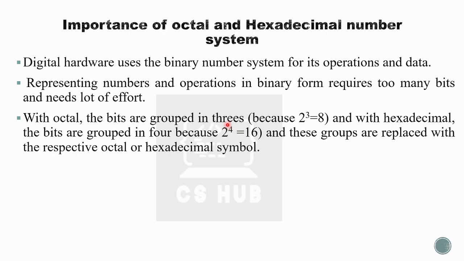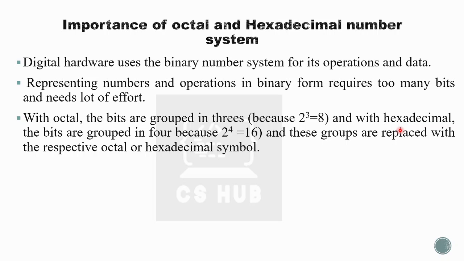To convert a binary number into octal, we can group the binary digits into 3 and replace these 3 bits with a single octal digit. Like that, the octal number will be shorter, right?